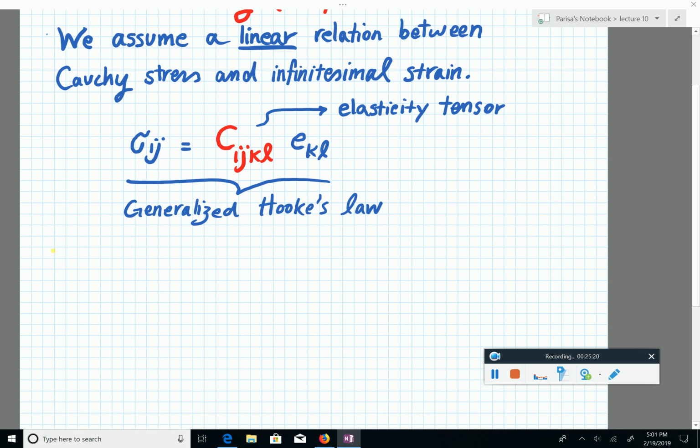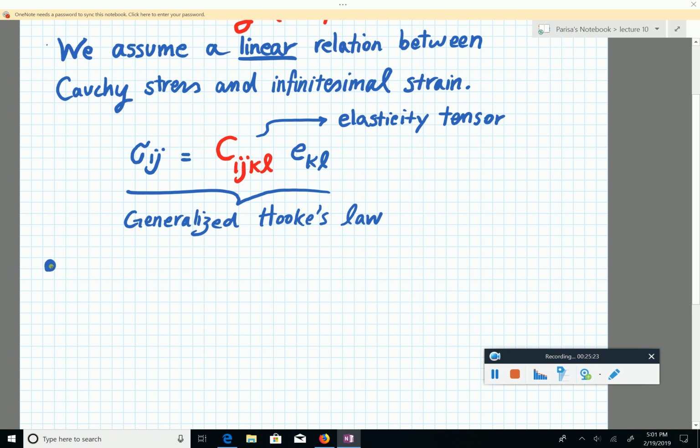It's very simple, but it turns out that in the lab it can still explain a lot of properties for a lot of useful materials, as long as we are in the small deformation regime. So that's the caveat here.